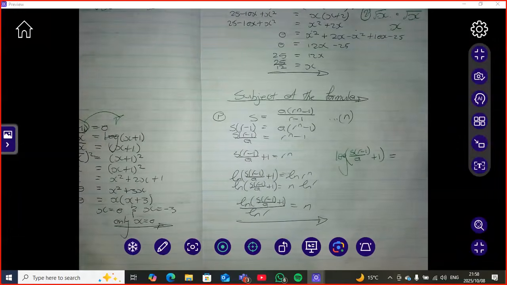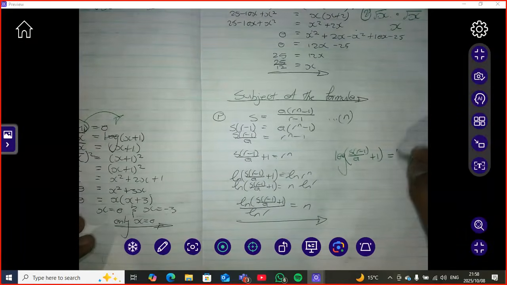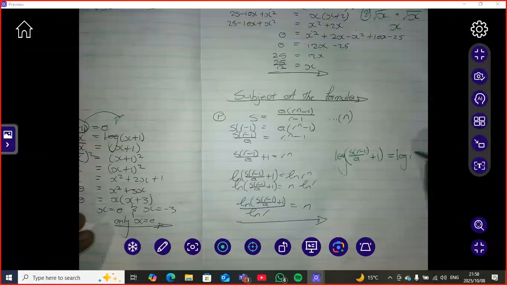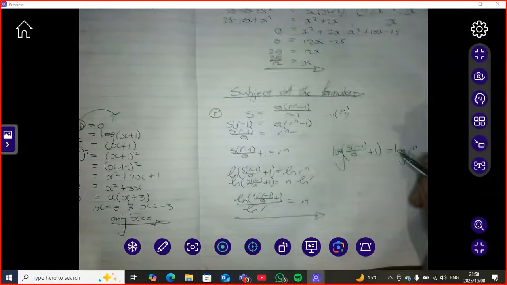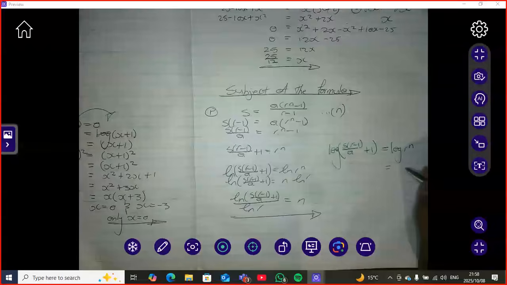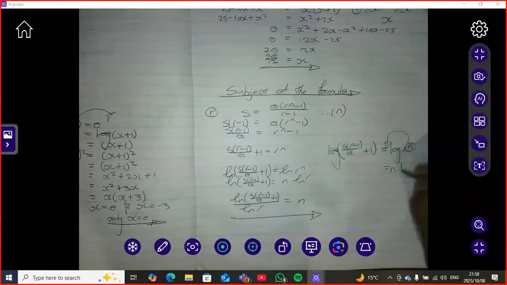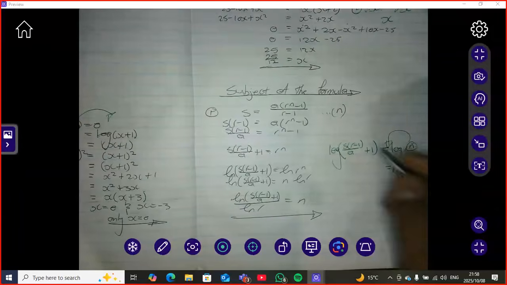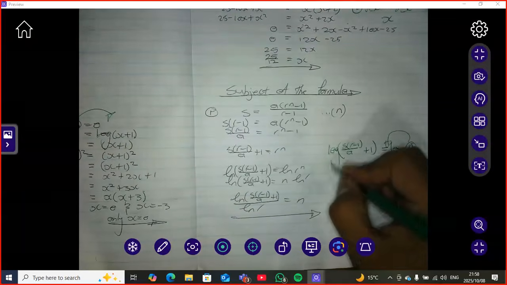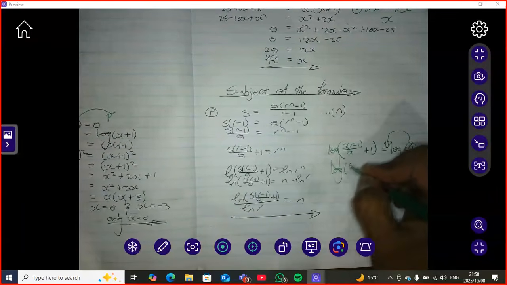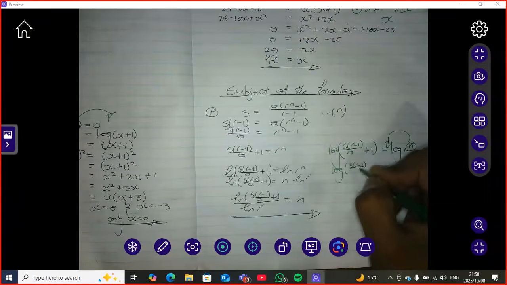When you introduce log or ln, you must log both sides. Then this n can go to the front: n times log r equals log of (r minus 1)/(a plus 1).